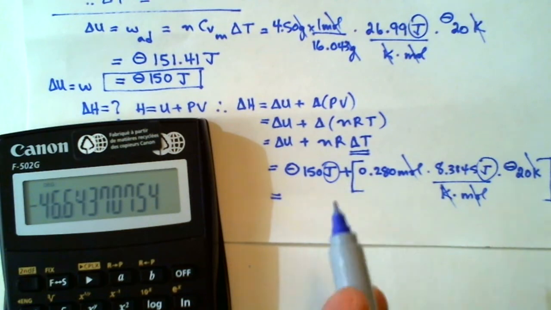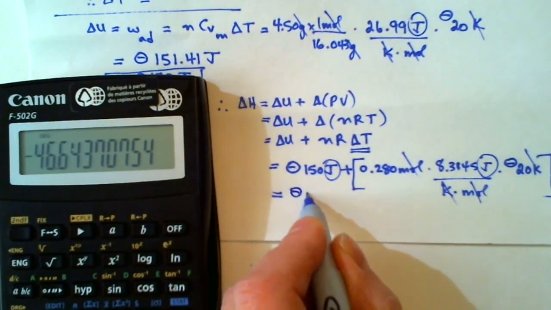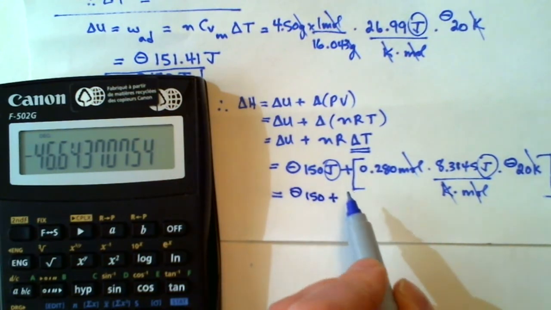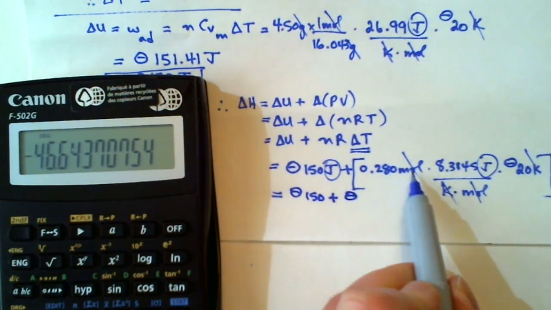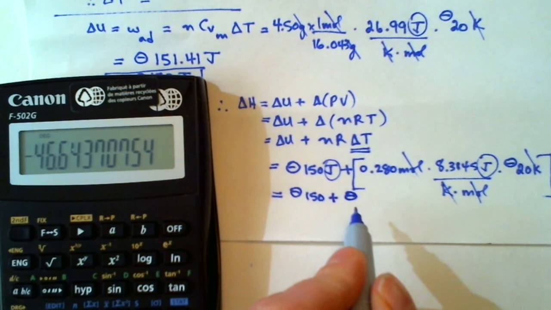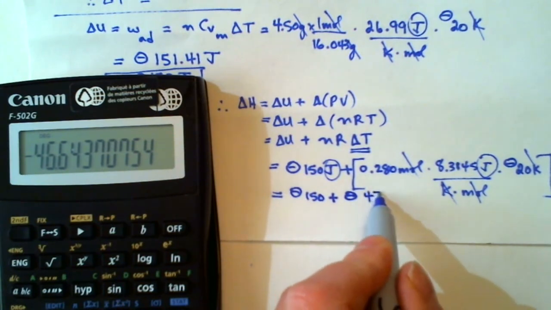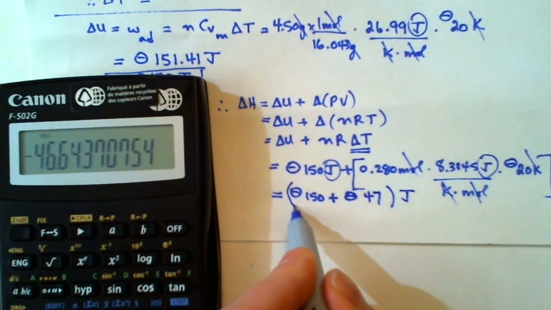And okay. So we'll be careful with everything. That's a minus 150 plus a minus 47, and it's all joules.